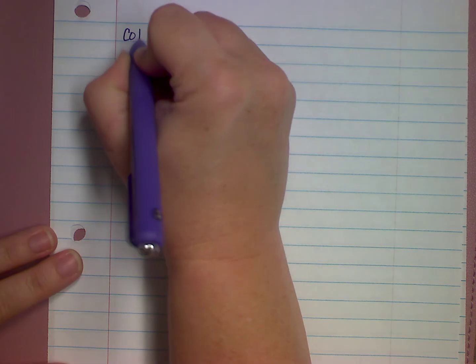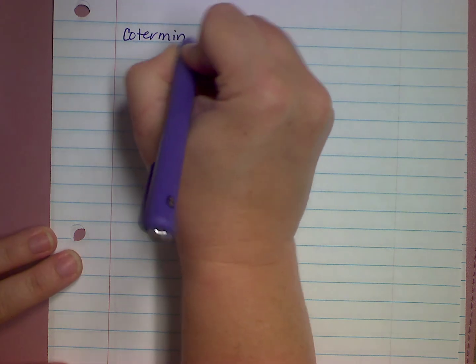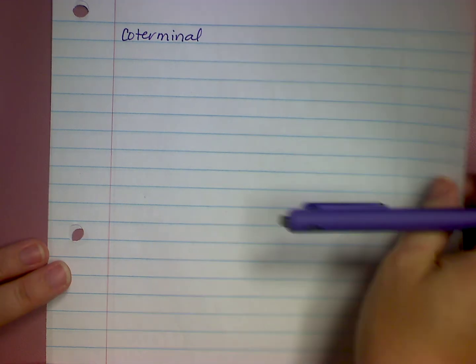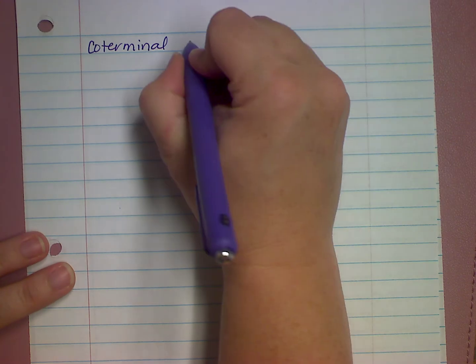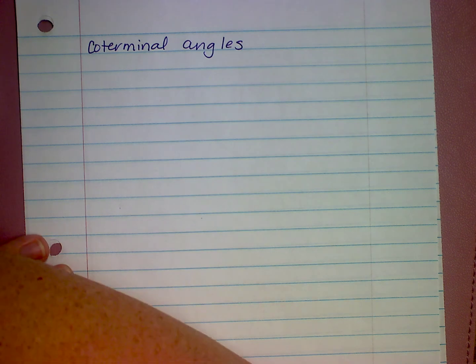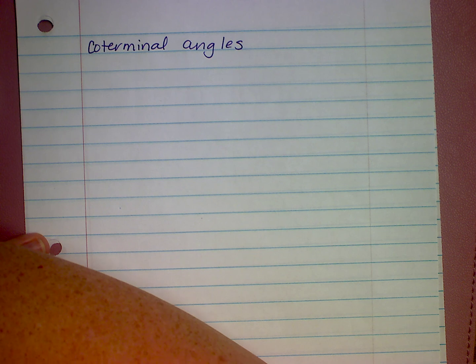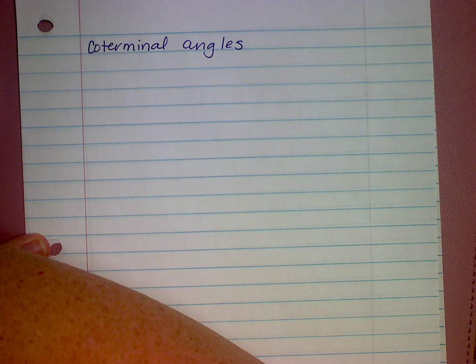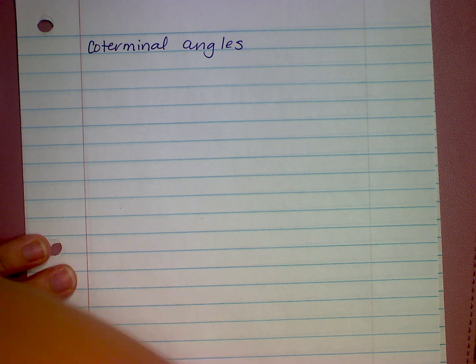Let's see. Just a couple more things on this lesson that I want to make sure you know. It's going to talk about coterminal angles. Somebody unmute themselves and tell me what coterminal angles are. Anybody? Any takers? Nobody?